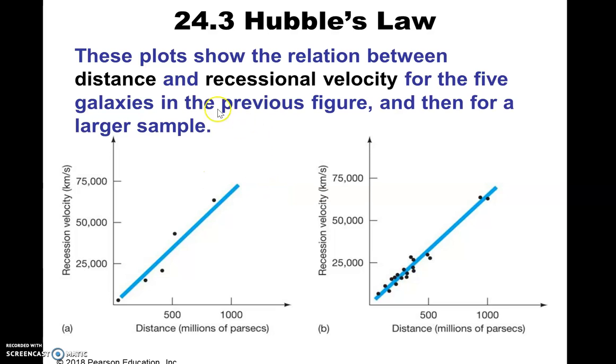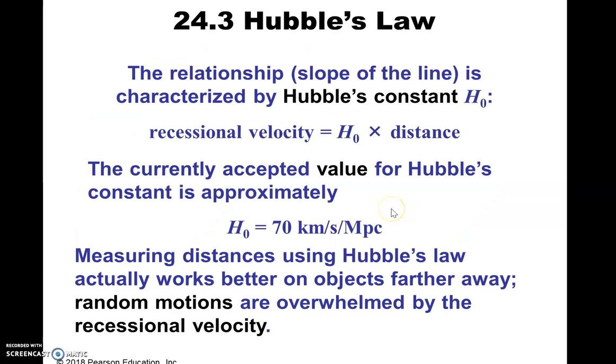So the problem comes in the fact that when you get out to about 100 megaparsecs or so, the recession velocity starts to approach the speed of light, and so this simple relationship breaks down at distances out to about 100 megaparsecs or so. And so you need that table.